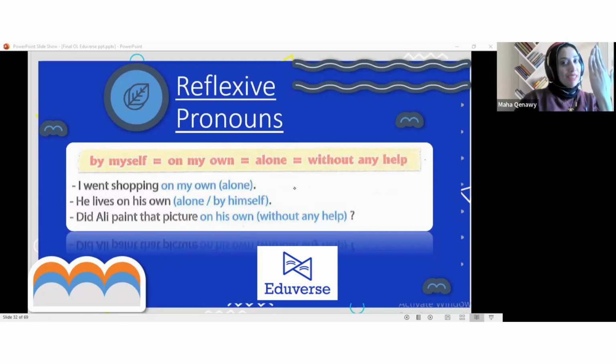So a reflexive pronoun reflects me: I, myself; he, himself; she, herself; you, yourself, if you are one person; yourselves, if you are many people; ourselves, if you are a group; themselves, group, but third person.